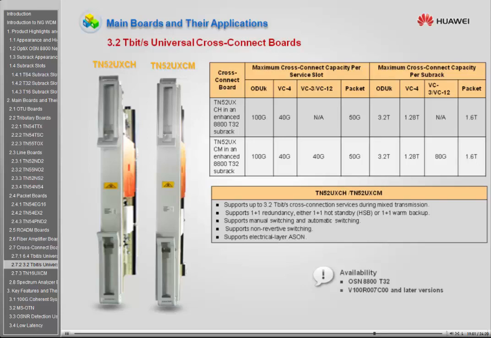Regarding the cross-connect granularity, the TN52UXCH board supports ODUK, VC4, VC12, and VC3, but the TN52UXCM board supports VC12 and VC3.